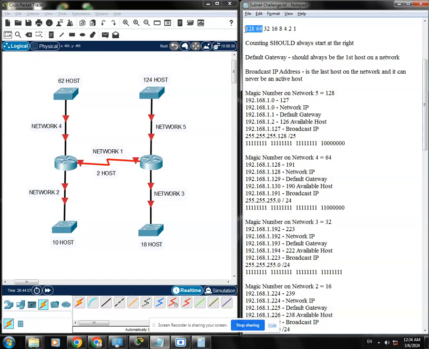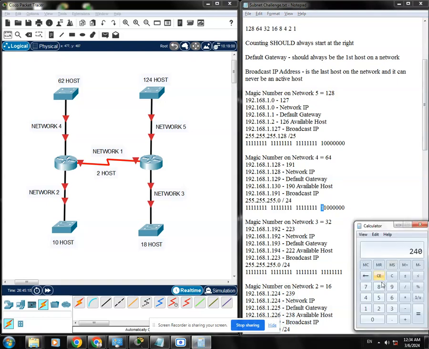I'm sorry, these will become 1. Let me correct myself. So these will become 1, and then the rest will become 0. All right, here we go. And then we need to add these numbers: 128 plus 64. Let's use a calculator. So 128 plus 64 is 192.